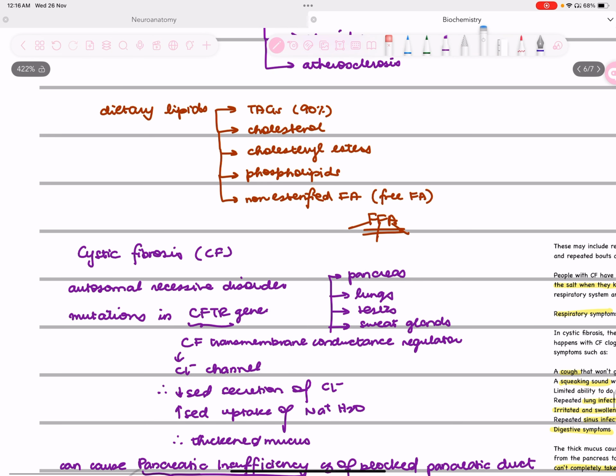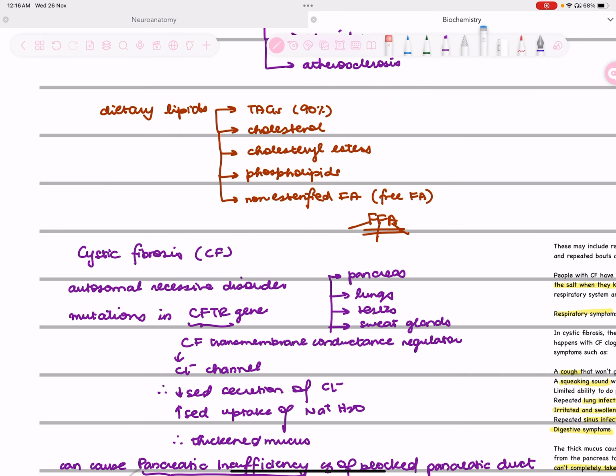Now, we normally take in lipids, obviously, in our diet. These are dietary lipids. So what sort of dietary lipids are there? You have TAGs. 90% of the lipids that you take in orally consist of TAGs, which are triacylglycerides.